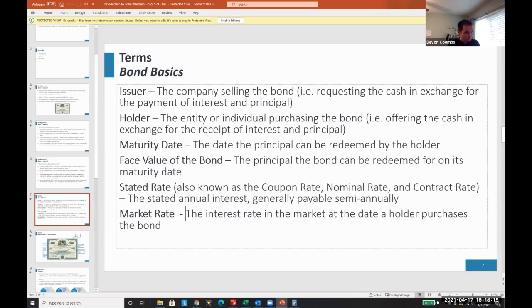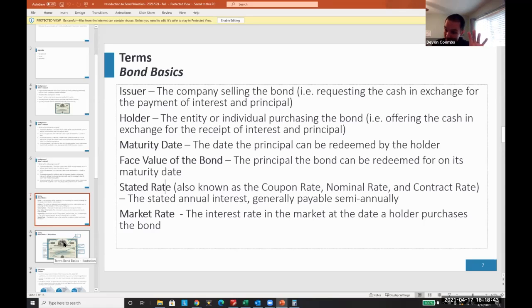The stated rate is also known as the coupon rate, nominal rate, and contract rate. These are all synonymous. This is the stated annual interest. So the bond will show the face value and a stated rate. I'll show you a picture of a bond. We don't really hold bonds anymore, but I'll show you what it looks like. It might say $10,000 at 5% interest.